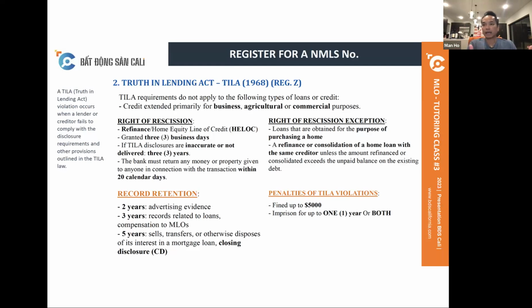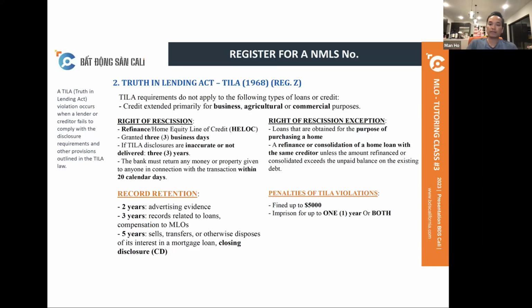You can look at that estimate, and eventually you can dispose of it at the end of the transaction. At the end of the escrow or at the end of the loan processing, they send you a closing disclosure, which is called the CD. This CD you have to retain, you have to track it, you have to keep it for 5 years.